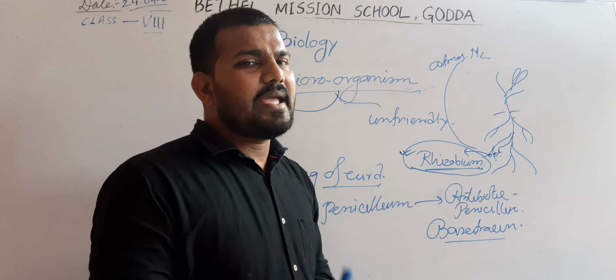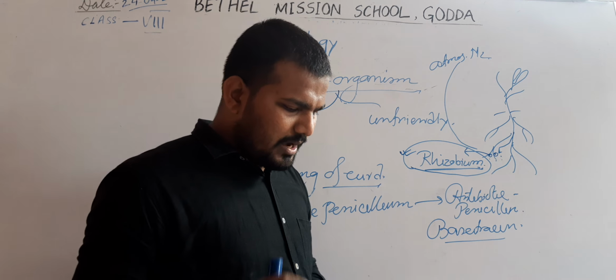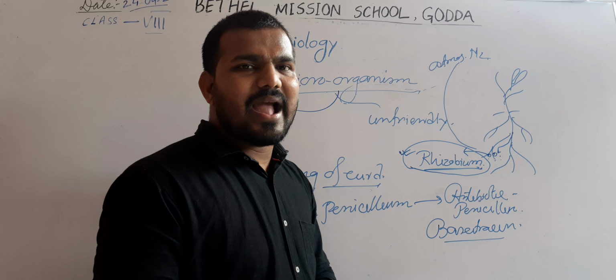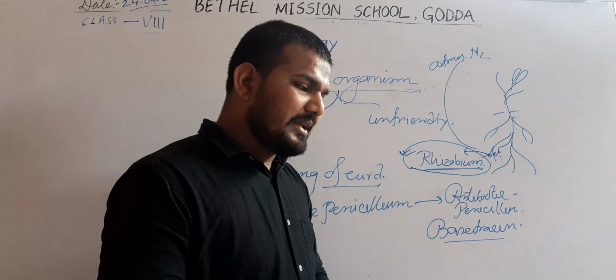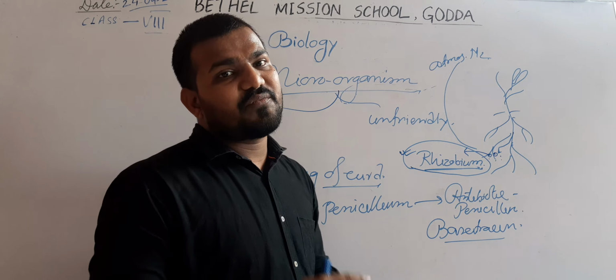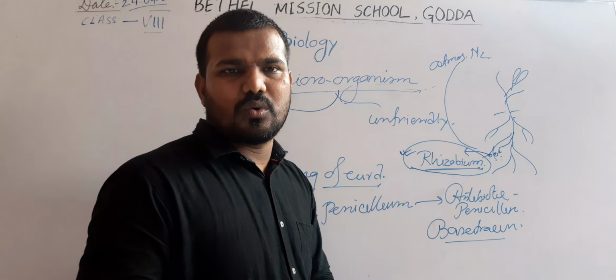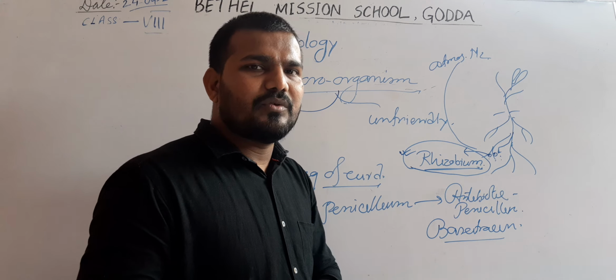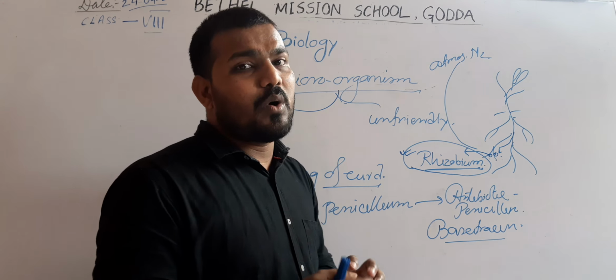That's why it is a vector. Now we know that the female mosquito sucks our blood and helps to spread disease. There are three types of mosquito. The female Anopheles mosquito helps to spread malaria, which is caused by Plasmodium.